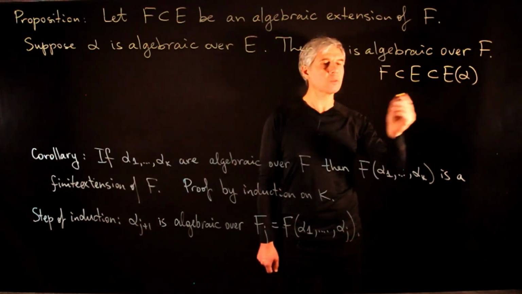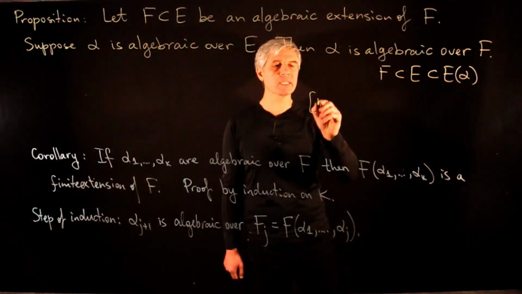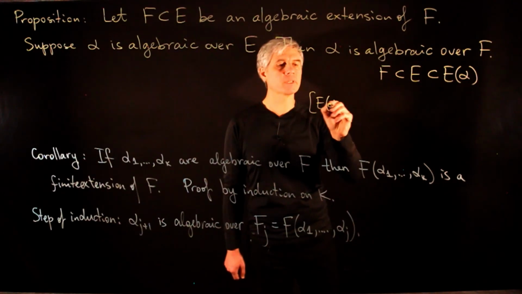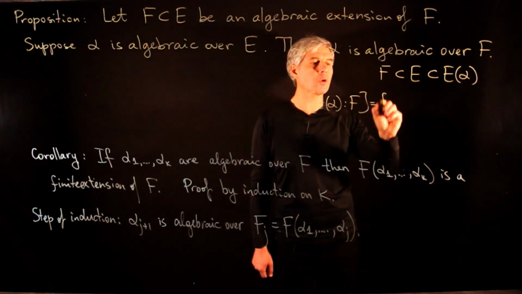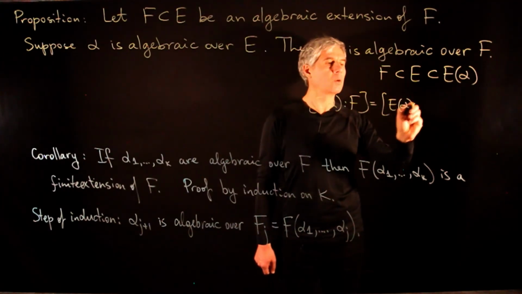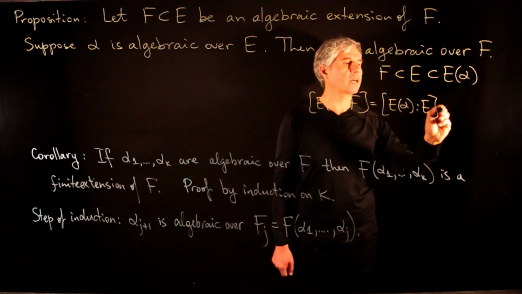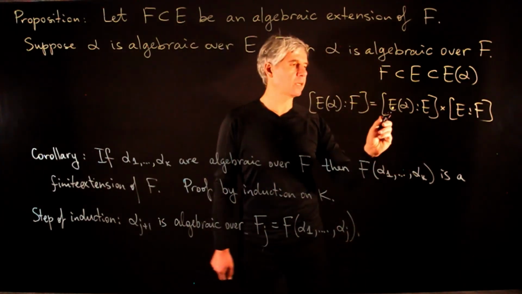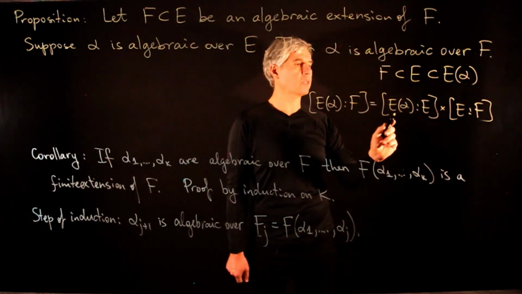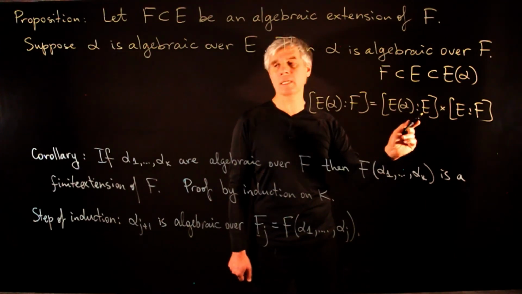Now it's tempting to use the dimension argument and say that the degree of extension of E(alpha) over F is equal to the product of the degree of E(alpha) over E times the degree of E over F. And since alpha is algebraic, the degree of E(alpha) over E is finite.